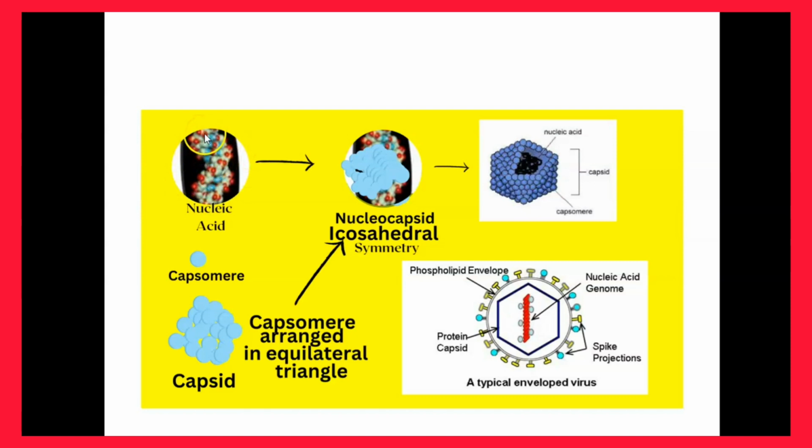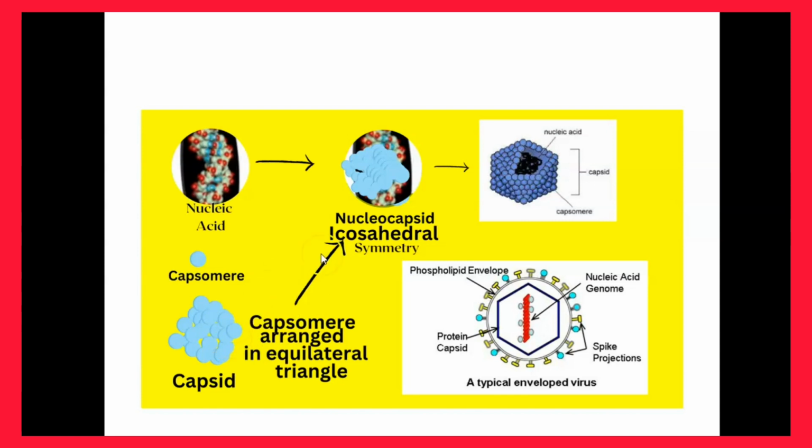Now look at the nucleic acid that I've just explained. The aggregate is what is called the nucleic acid, and the single units are called nucleotides. Now the protein that covers it has a single unit called a capsomere. When they aggregate together to form a shape, they are called a capsid.